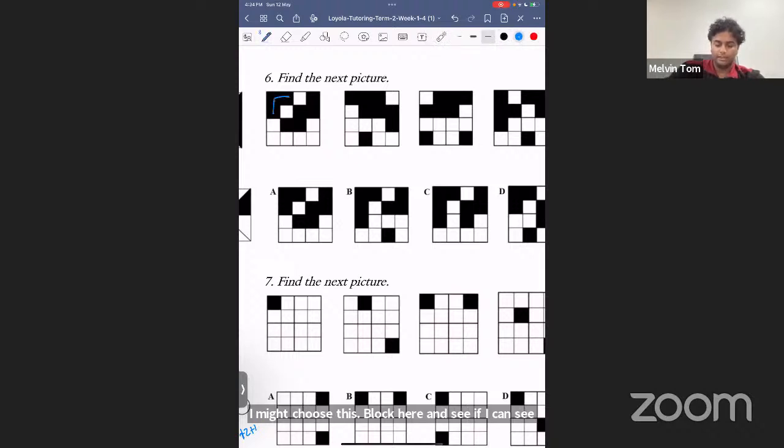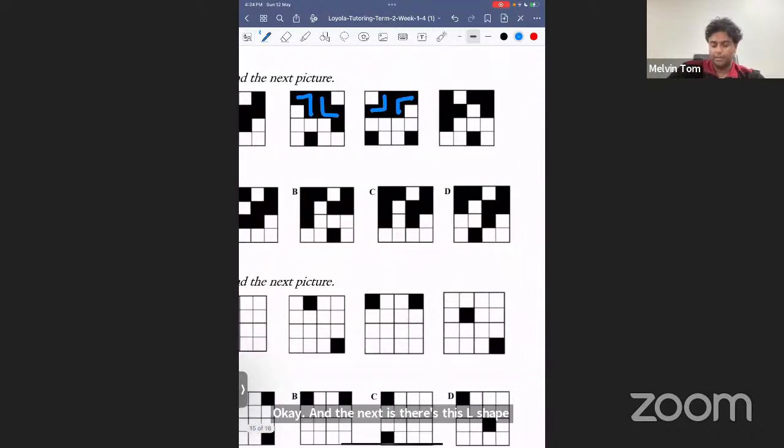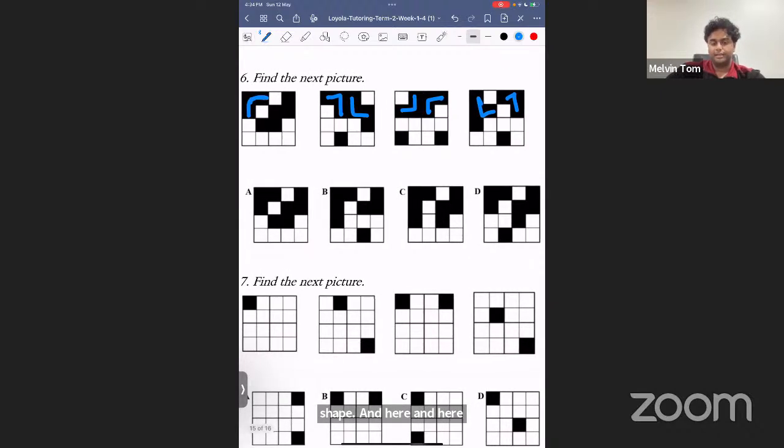So I'm looking at this L shape here, and in the next image, there's this L shape and this L shape. And the next image, there's this L shape and this L shape, and here and here. That seems interesting. We might be starting to get somewhere. Oh, wait, there you go.